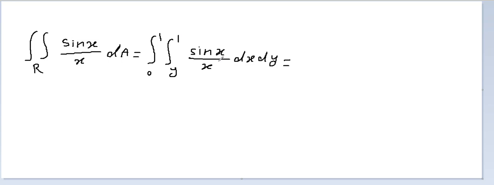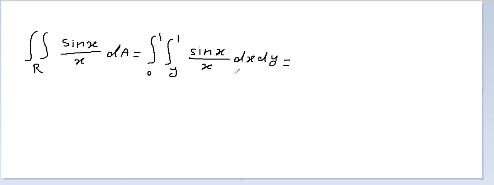But if you remember from calculus 1, with the analytical methods that we know, we cannot find an antiderivative for this function. So it means this integral sine x over x dx cannot be solved. So we cannot find the answer to this double integral.